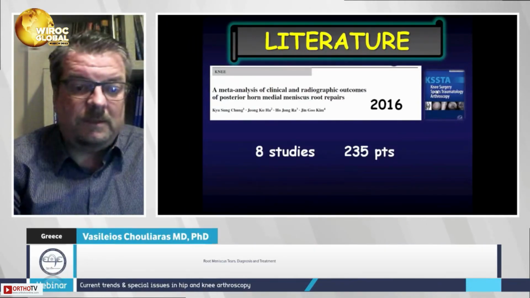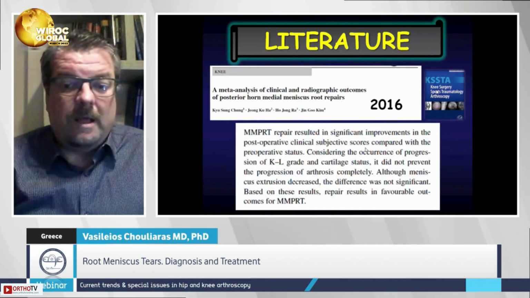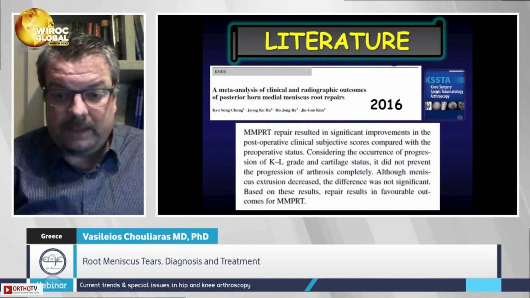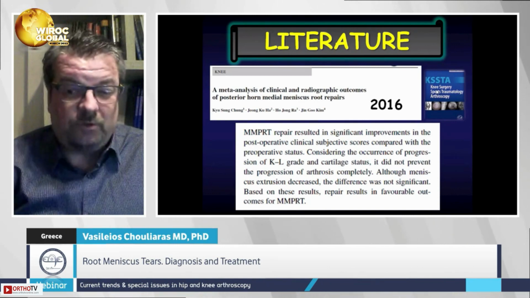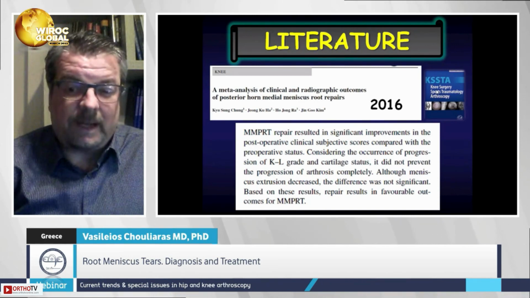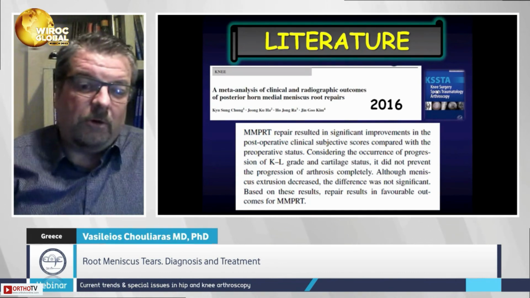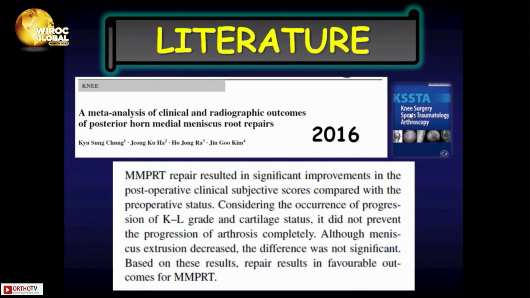The first meta-analysis with 88 studies and 235 patients found out that there's a very good result concerning the clinical results, the scores, the progression of arthritis and the cartilage status. They did not prevent it completely. But of course, it's better than not doing anything.